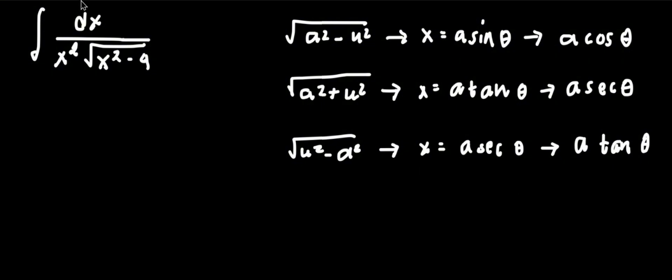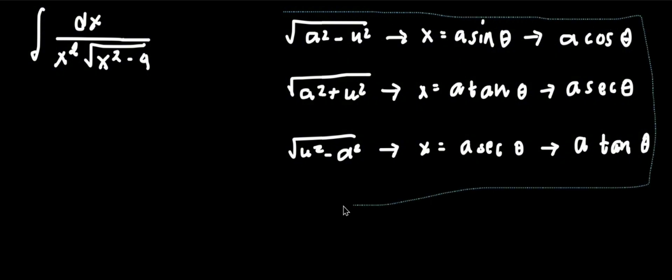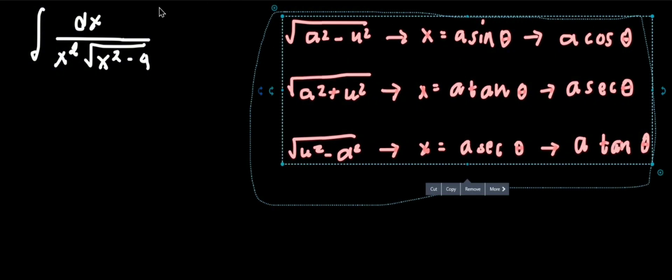So to give you a little review, I have an example right here that we can solve. So let me just remove this. So tandaan nyo yun. Look at the denominator.